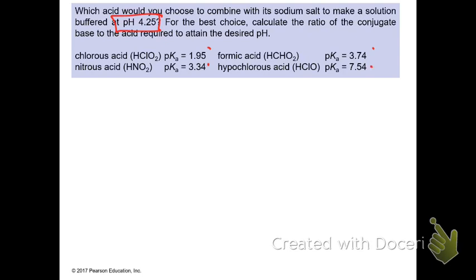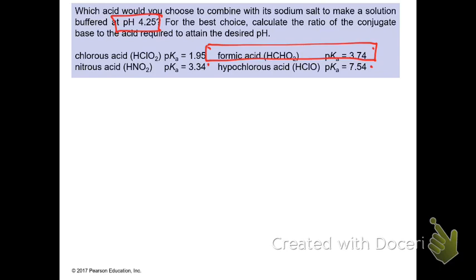So the one that's closest to 4.25 is formic acid. This is the acid that we want to mix with its salt of conjugate base to prepare this buffer solution. Okay?